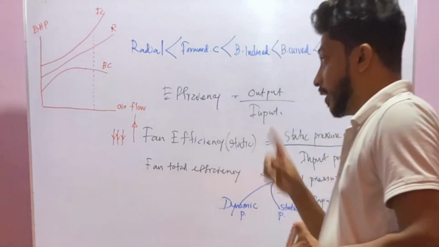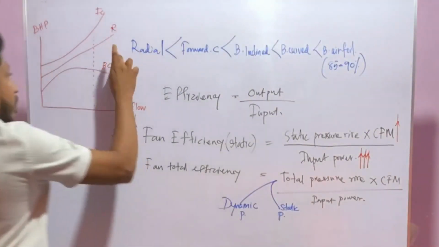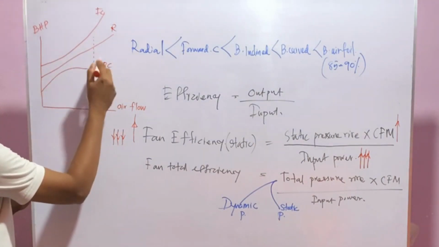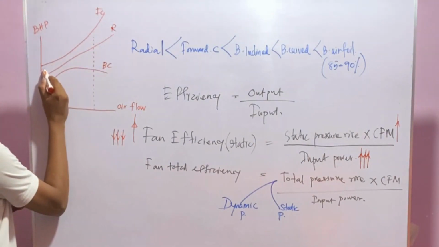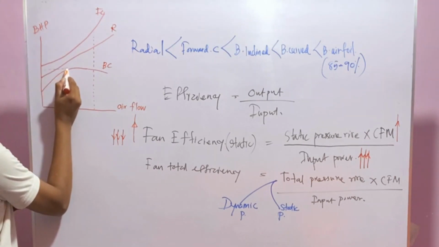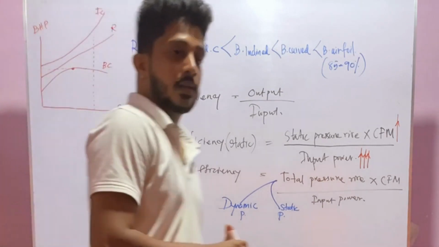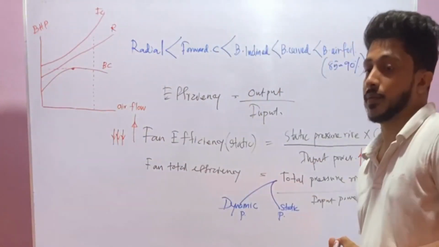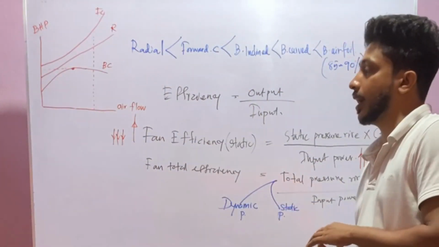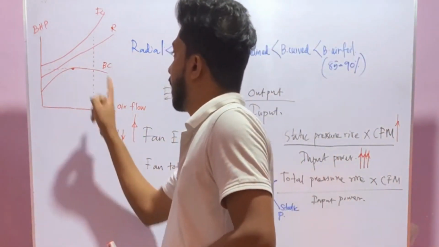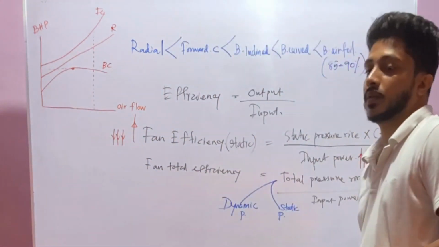So, if I choose a motor for the backward curve fan, who can facilitate this point? Who can achieve this point? Okay. This backward curve motor does not overload at any time, because whatever the airflow is, it does not overload.